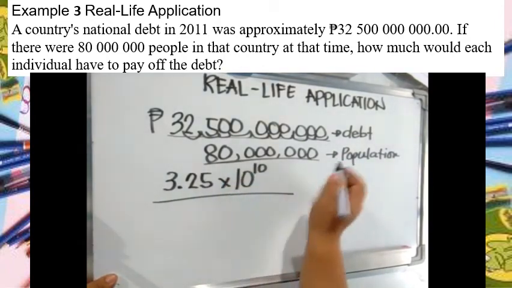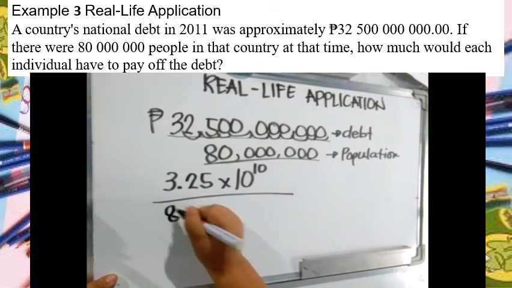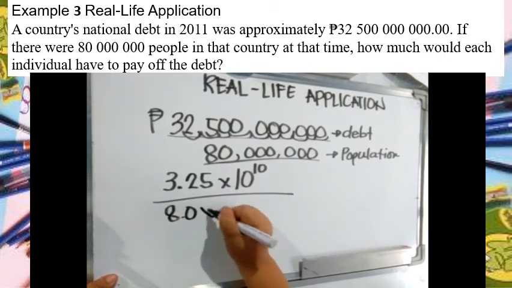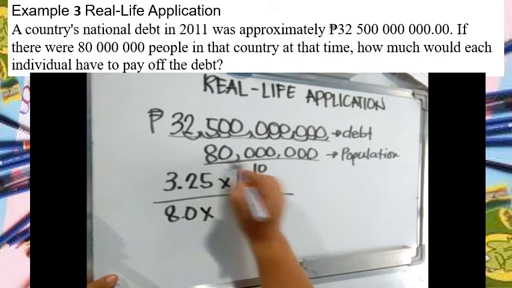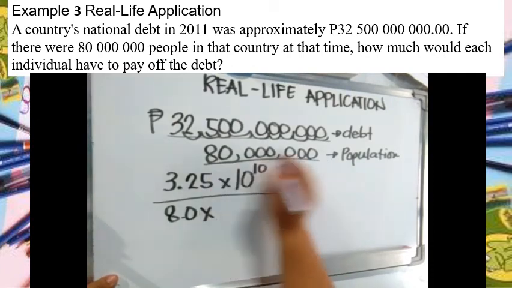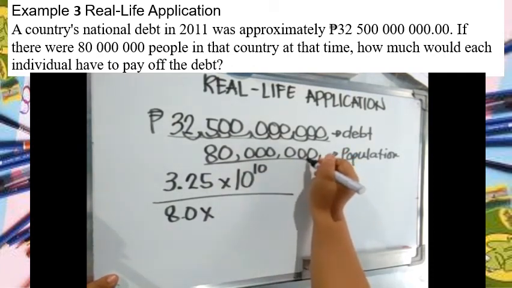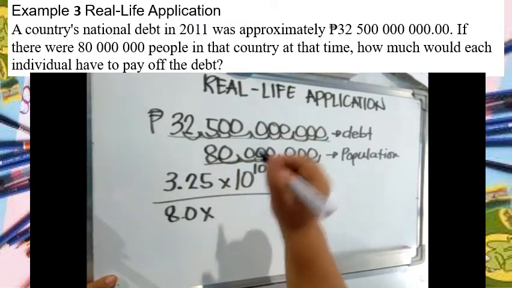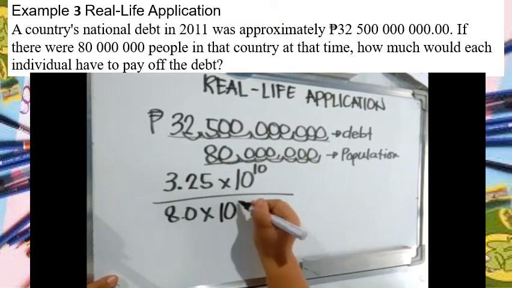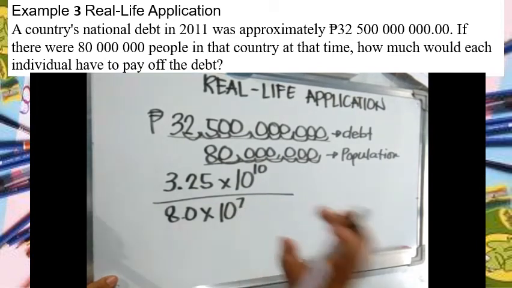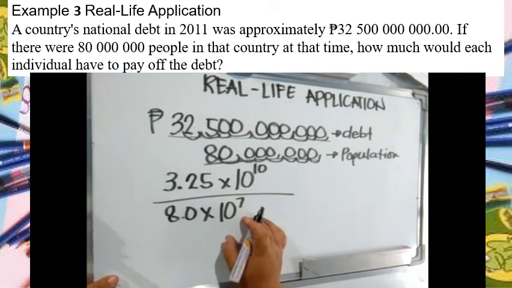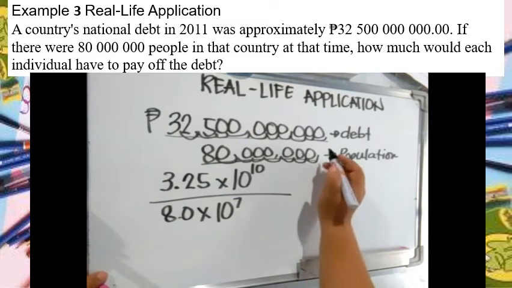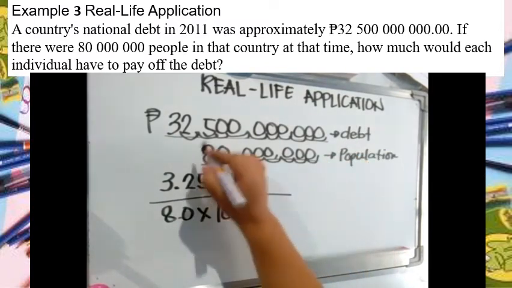So 80 million will become 8.0 times 10 to the power of... Let us count. 1, 2, 3, 4, 5, 6, 7. So, 7 ka move. It is positive exponent. Kay nganong positive? Kay nag-count ta from right to left.